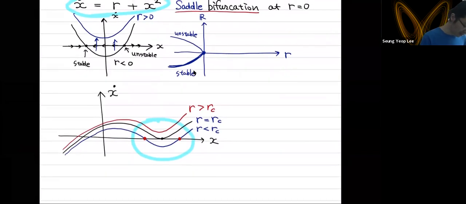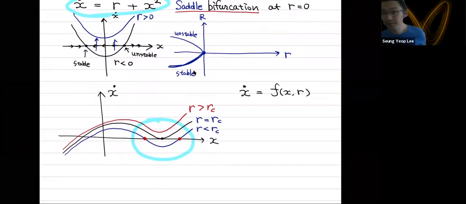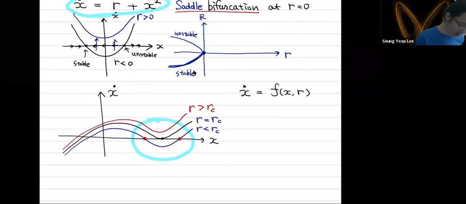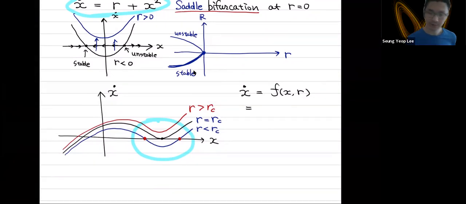And there, let's write down. x dot is a function of x, and also a function of this parameter. And you can Taylor expand the right-hand side. So what's the general Taylor expansion around this point x star and r_c?